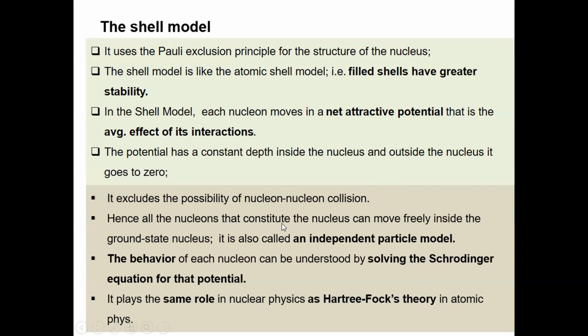Hence, the nucleons that constitute the nucleus can move freely inside the ground state nucleus, and they can orbit about the center, and it is the independent particle model idea.